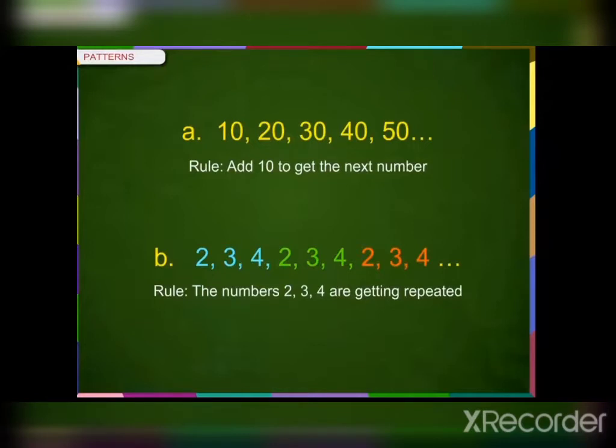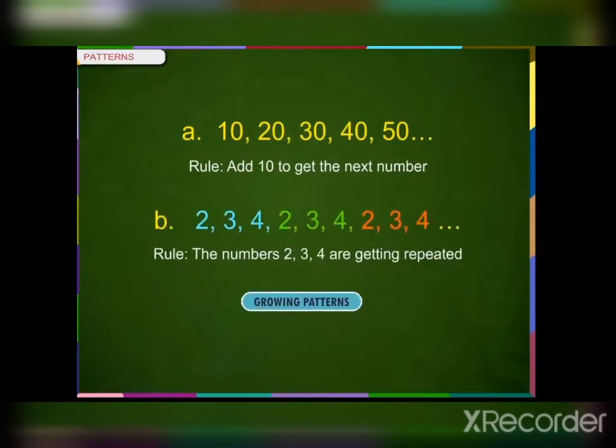Thus, we get 10, 20, 30, 40, 50, and so on. This is a growing pattern. Such patterns are also called increasing or progressive patterns.